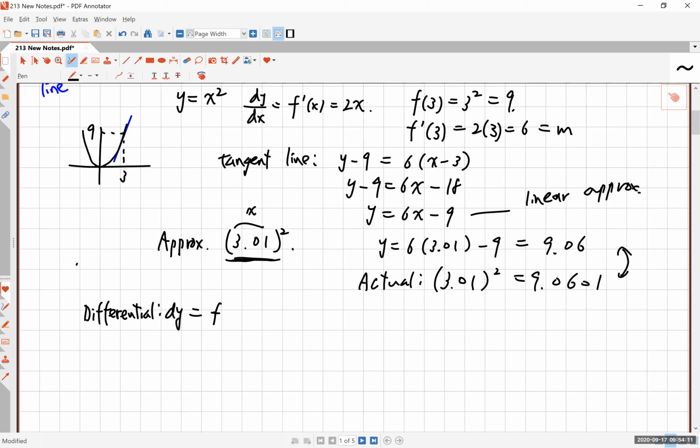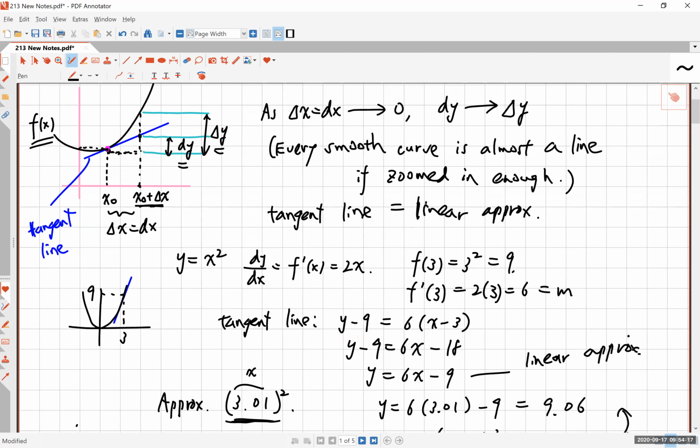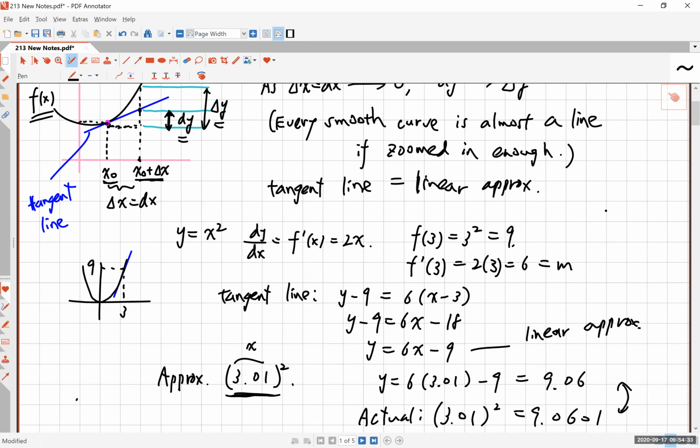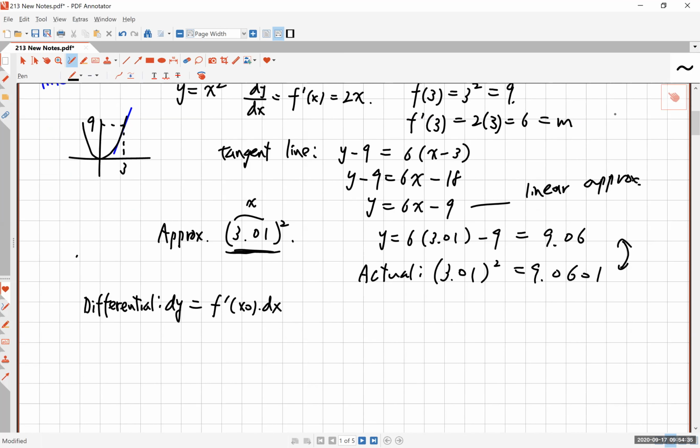And this dy is f prime at x naught times dx. Now that's pretty obvious because dx is the run, and the slope is f prime at x naught. And of course, dy over dx is f prime at x naught. That's what the derivative is.